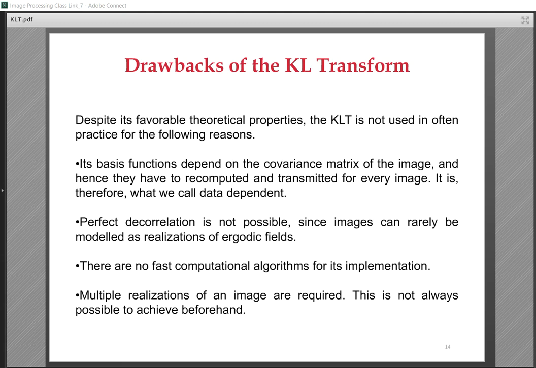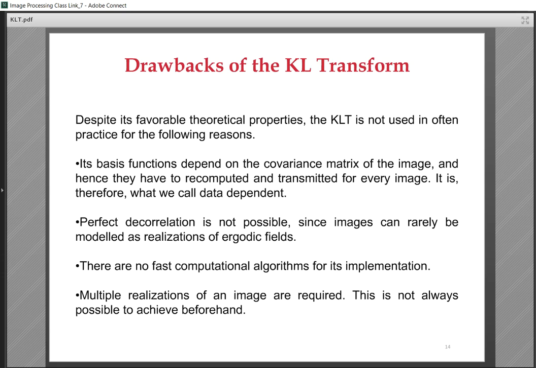Another drawback, and the last item here: multiple realizations of an image are required. This is not always possible to achieve beforehand. Why?